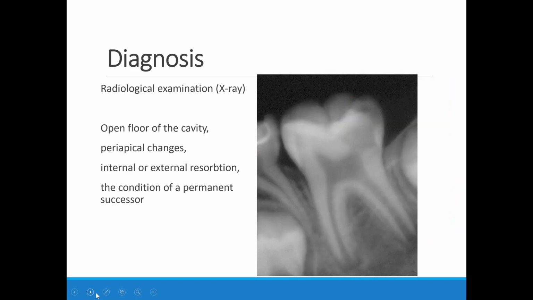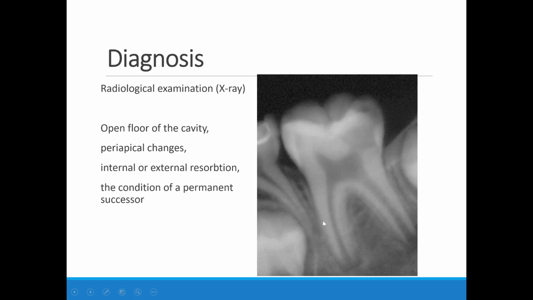Of course, when we speak about pulpitis, the radiological examination helps us very much. On this examination, we can find whether the bottom of the pulp chamber and the roof of the pulp chamber are open or closed.